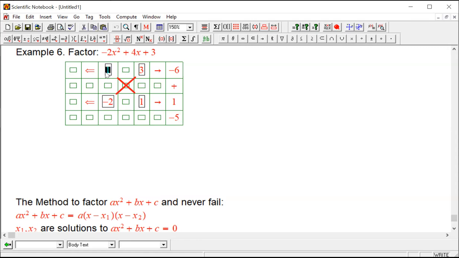Shall we switch this to -2, 1 here? Why not? Then we get 3, -2. Oh no, we get 1 again. It looks a little bit helpless.